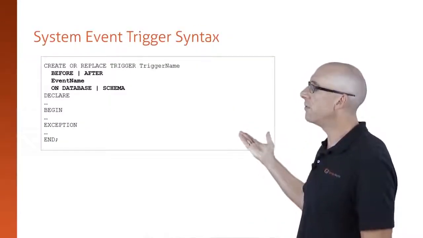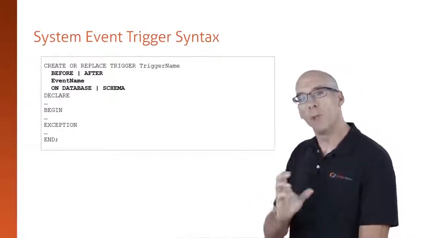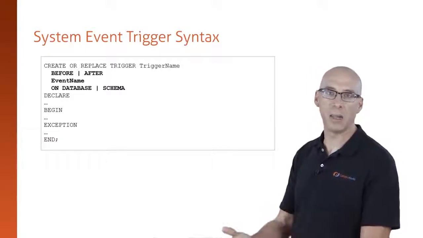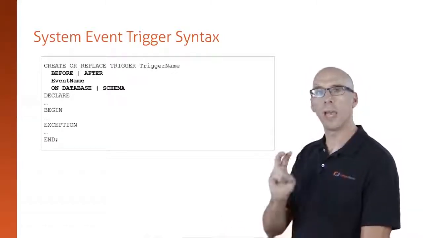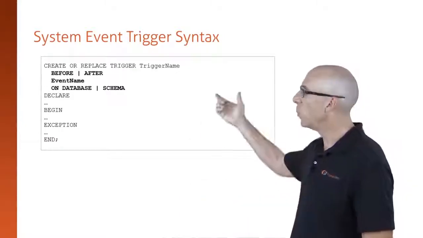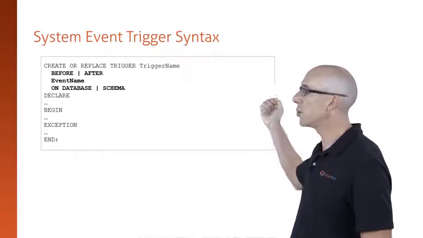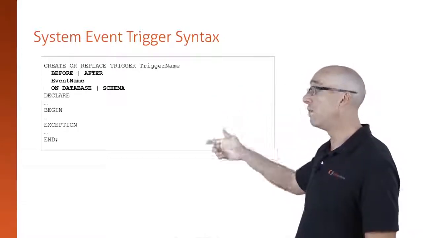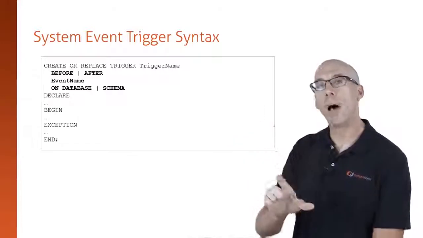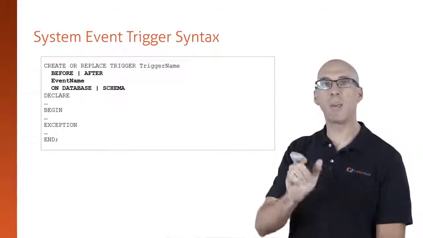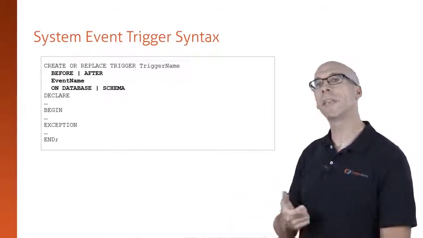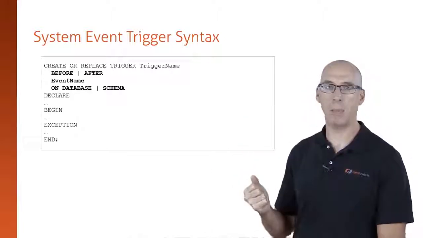The system event trigger syntax looks almost identical to a standard DML event, with actually two major differences. We still have our create or replace trigger name, before or after, but after we specify before or after, we specify an event name.